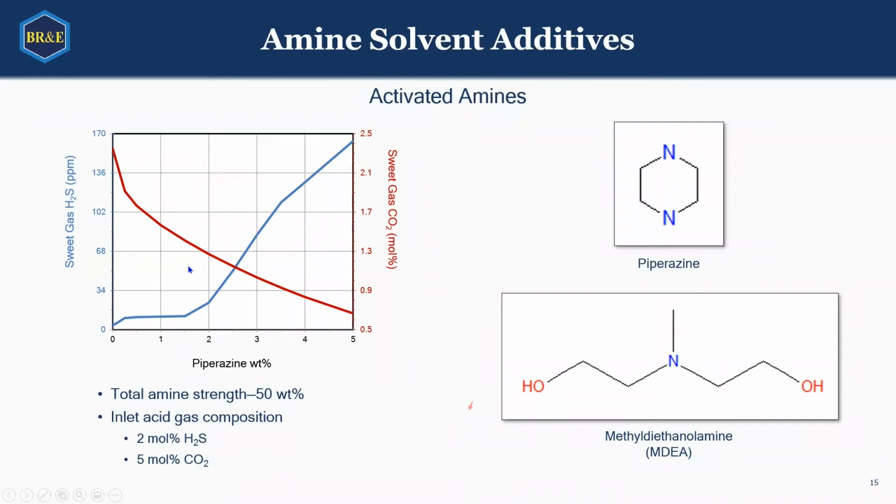But if you have, let's say, natural gas that contains H2S and CO2, and you want to remove both of them at the same time, you can see there will be some trade-offs, because once you use more than 2% piperazine by weight, it will stop picking up your H2S, and it will keep picking up CO2, but that will be problematic. So you need to find a point where the pickup is best for both of these, and that very much depends on your specifications.